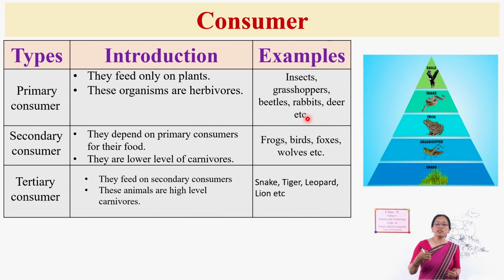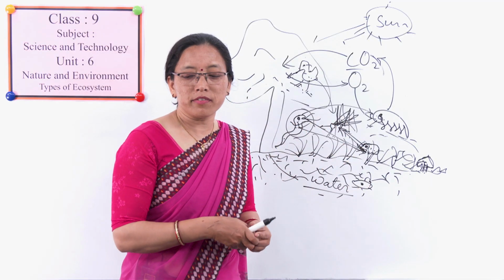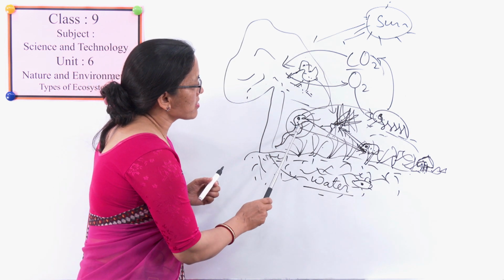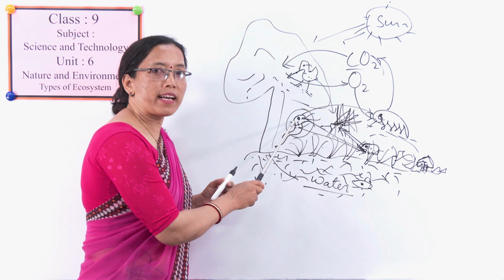If an organism feeds on the secondary consumer, then it is a tertiary consumer. The same organism can become a secondary as well as a tertiary consumer. For example, when this snake eats the rat, it is a secondary consumer. Why?